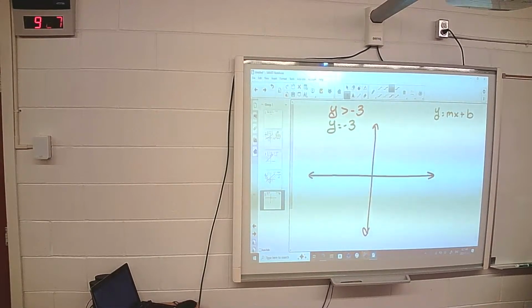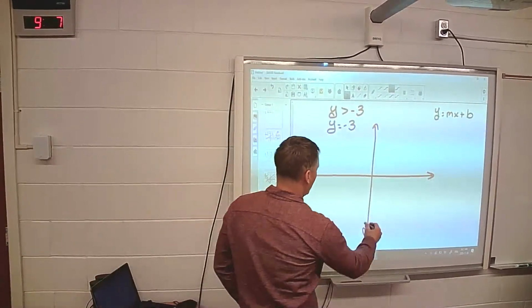How come? Because there's nothing there. What is 0 times x? 0. So the slope was 0 because there was no number in front of it, there's no x there. So what is the y-intercept? -3. So let's go to -3.